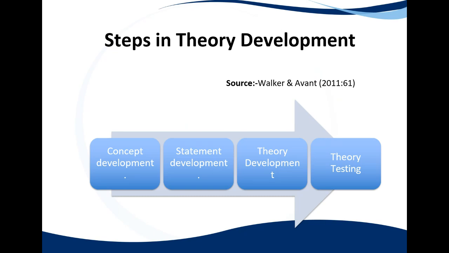So if you can think of these steps in theory development, you would need to identify concepts. You would probably need to define them, operationalize them into statements. Then the statements that you develop, you also can look at relationships, and then you start developing the theory. Now, in a PhD, we seldom get to the stage where we test the theory. We also very seldom develop theories. It is quite a process.